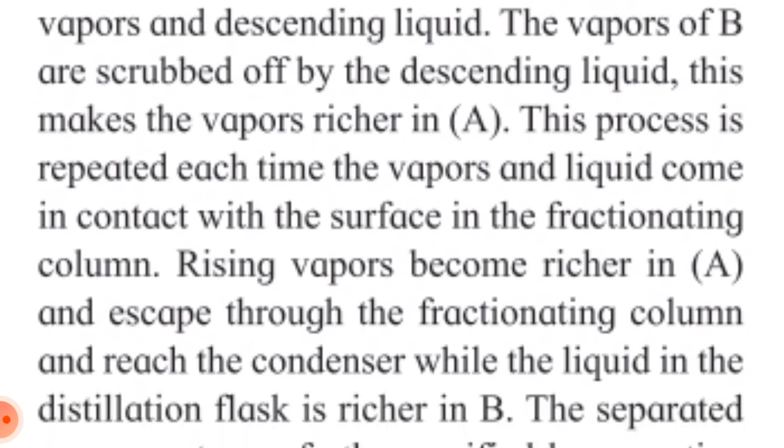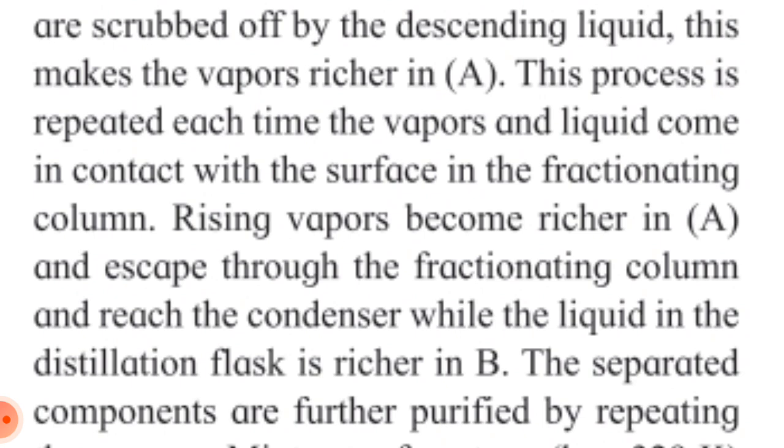The vapor of B is scrubbed off by the descending liquid. This makes the vapors richer in A. This process is repeated each time the vapor and liquid come in contact with the surface in the fractionating column.